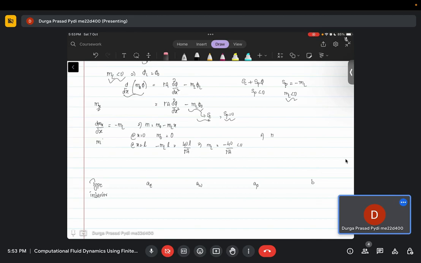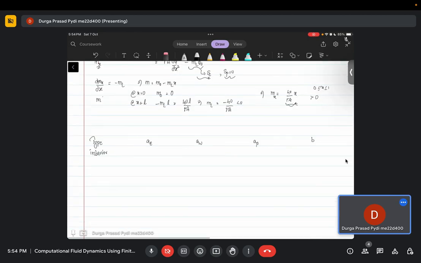So this gives me m equals minus ml, which is 40 by gamma A, times x. This is mx. So this particular term, as your x changes from 0 to 1, even this quantity will be positive. So your flux F east or F west, whatever terms that you take, are all positive.